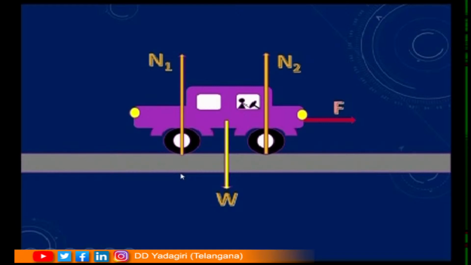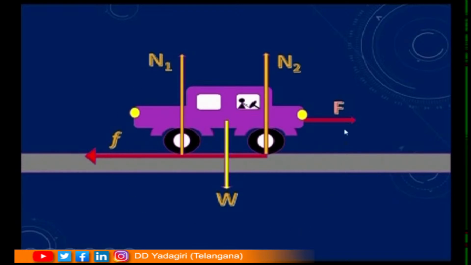Another force is also exerted on this car, which is invisible and always opposite to the motion, between the surface of the tires and the road surface. This is the frictional force, which opposes the motion of the car.